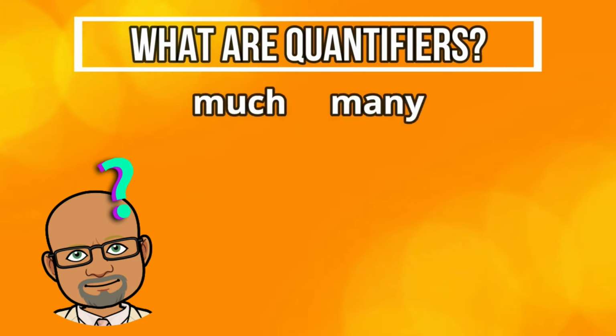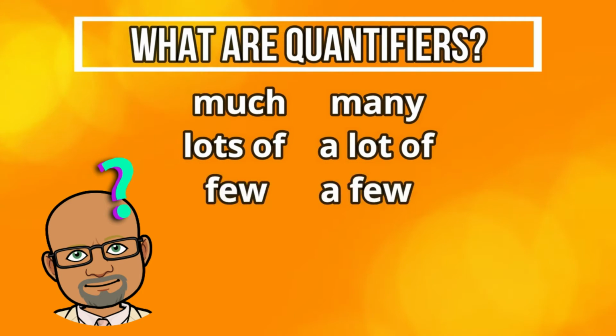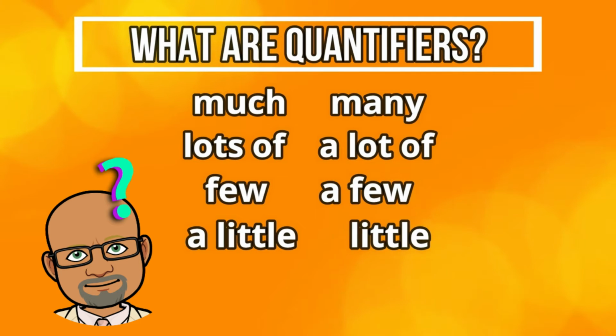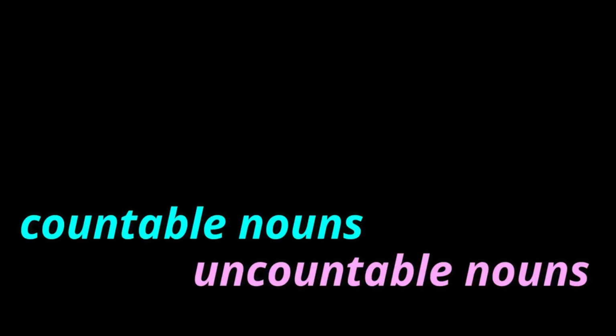They are much, many, lots of, a lot of, few, a little, little, some, and any. But before I get to the quantifiers, I have to talk about countable and uncountable nouns.